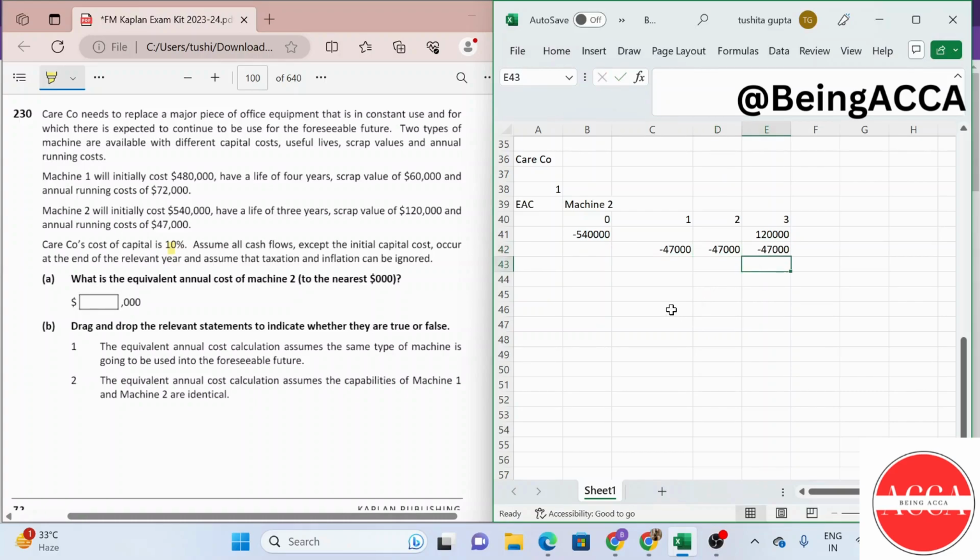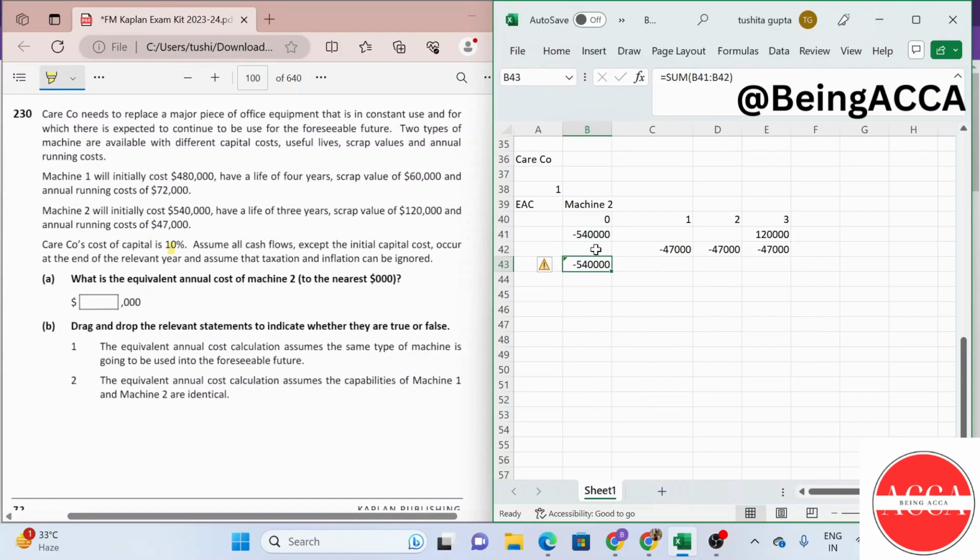And since this machine is an expenditure, we have our initial expenditure and annual running costs, so the entire NPV that we'll get will be a negative figure. And then when we are comparing which machine to opt for, whichever has a lower negative figure will be more beneficial for us. So let's sum these up so that we get a net answer.